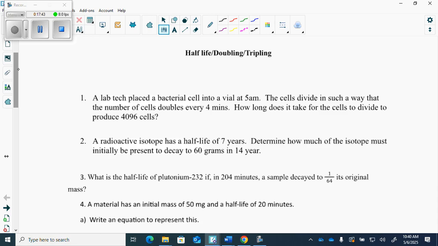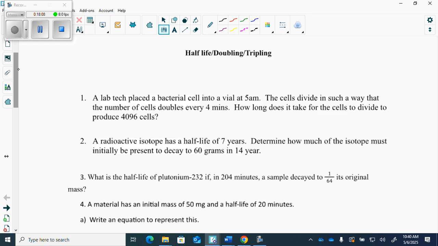If it's doubling, what percent do we have? 200%. What is that as a decimal? 2. If it triples, I have 300%. What's that as a decimal? 3. If it halves, what do I have? 50%. What's that as a decimal? 0.5. So let's keep that in mind here.